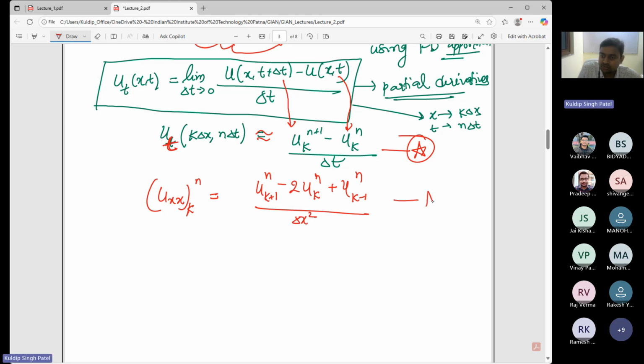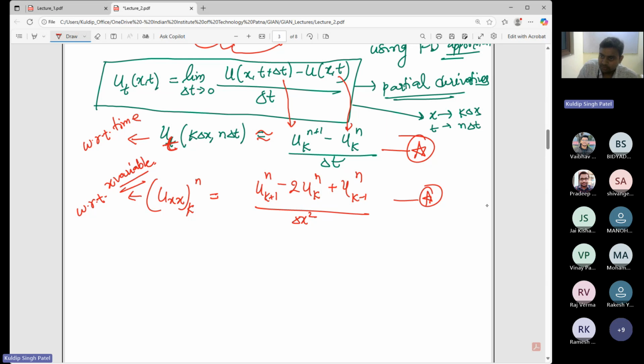So this is the approximation of the first derivative with respect to time, and this is the approximation of the second derivative of u with respect to x.